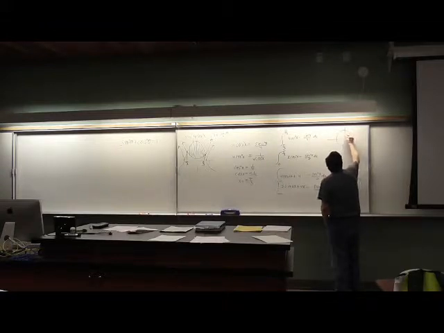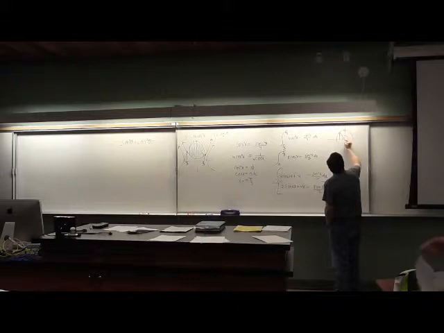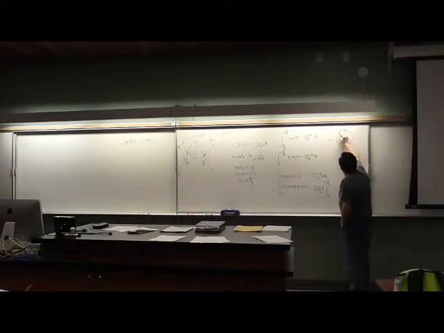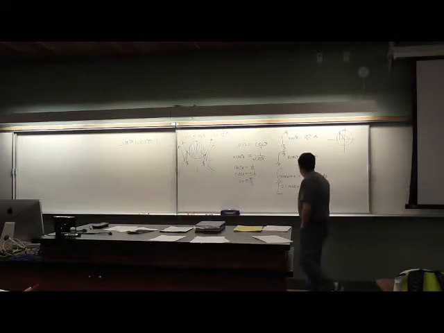But 2 pi over 3 is this angle here, where this is a 60, 30, 90 triangle. And so the cosine is what? The sine of this is what? It's this piece over this, which is square root of 3 over 2.